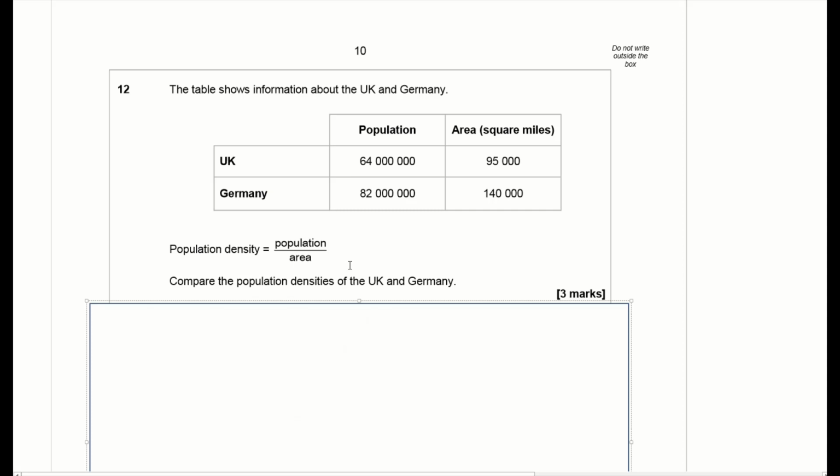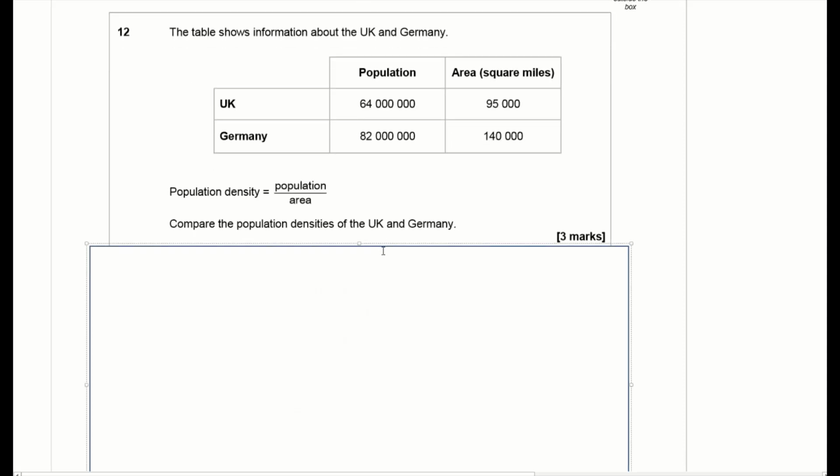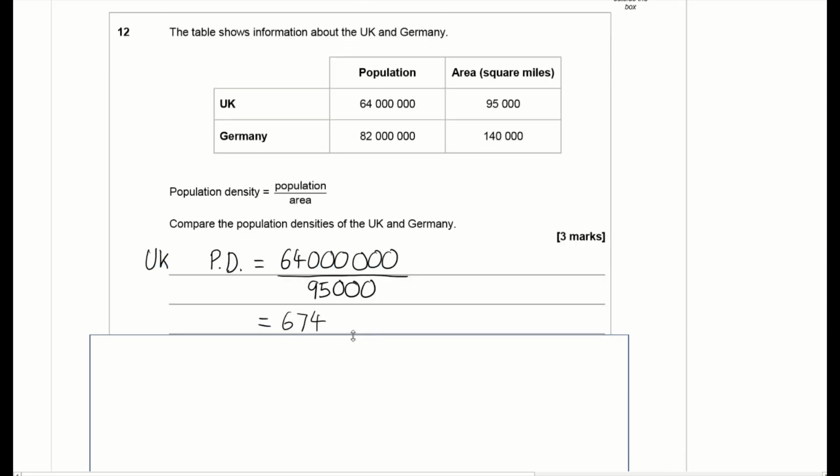Now we can see that Germany has a larger population and a larger area than the UK, but does that mean that its population density is larger or smaller? Well, if we substitute the values in for the UK, the population density is 64 million divided by 95,000 square miles.